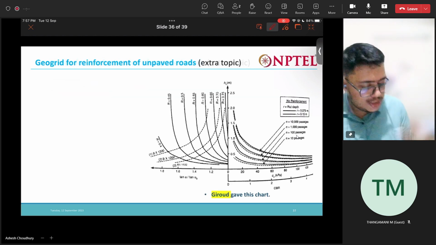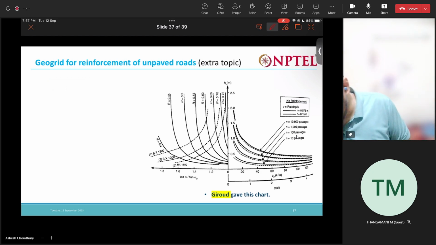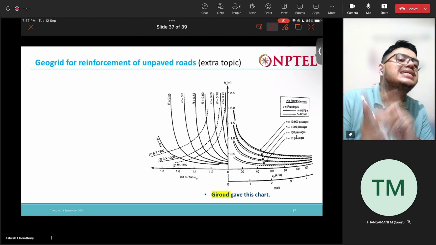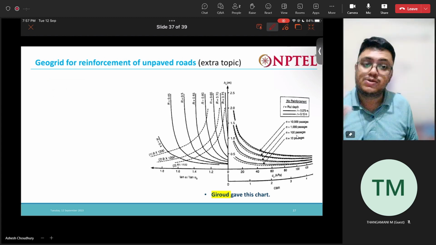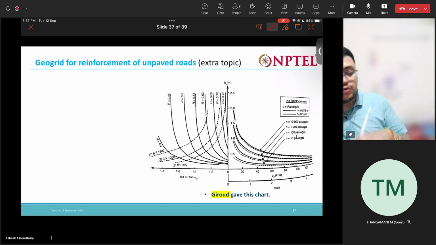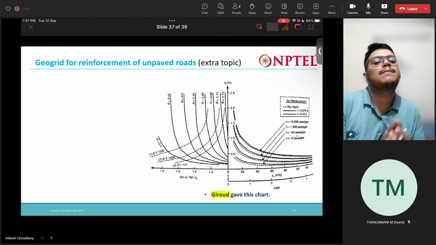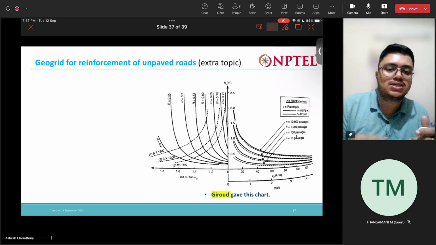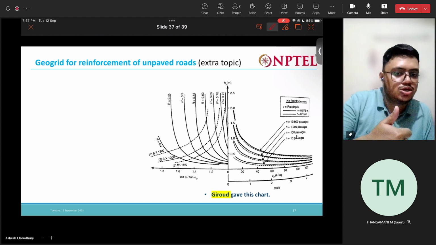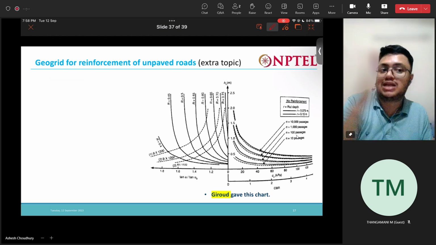Now comes the case of geogrids. In case of geogrids, the same analytical method that we used before can be used. But if you remember, when we were determining the depth h in case of reinforced soil, we used pi plus 2 cu on the left side, right?